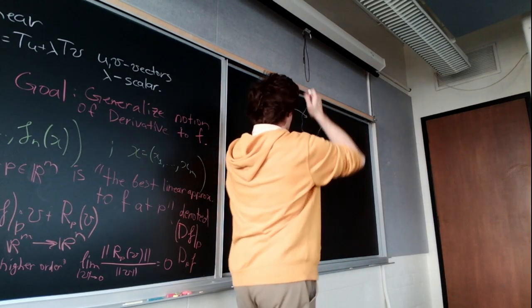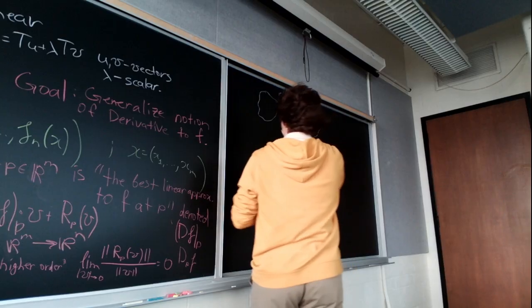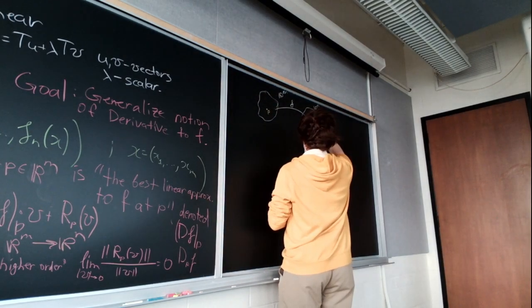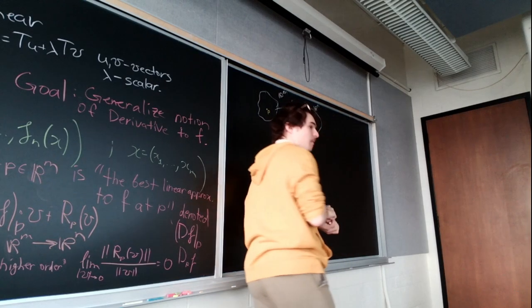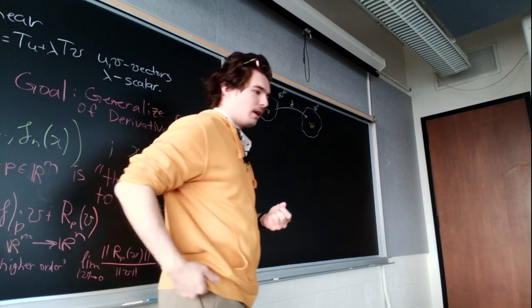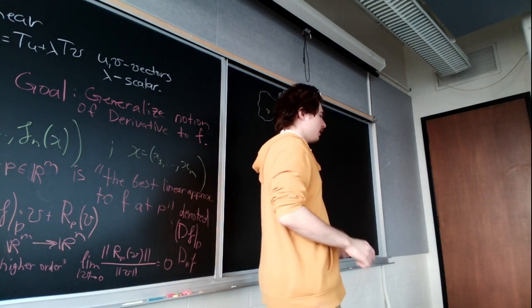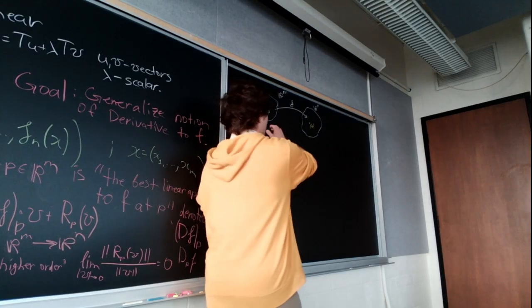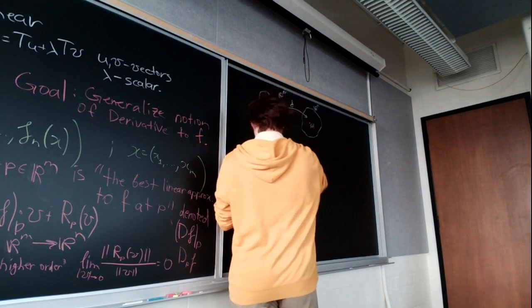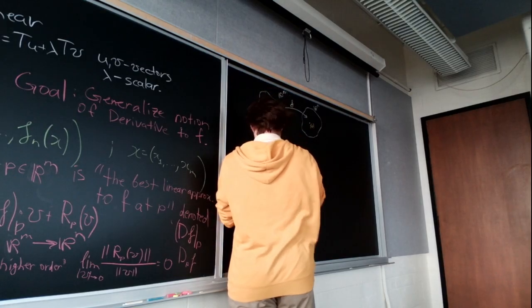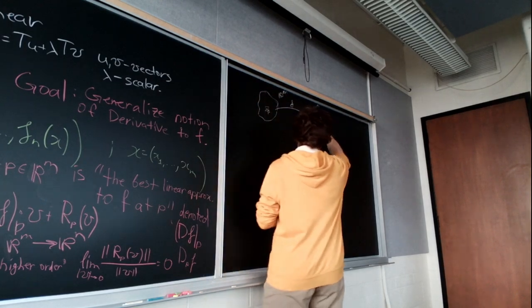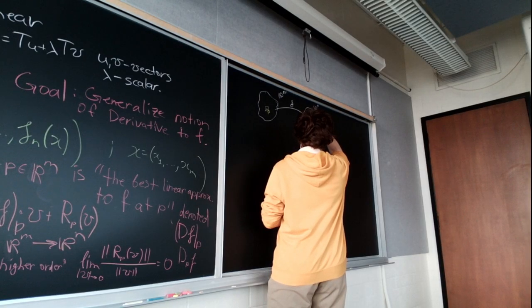Okay. So suppose I have some point p that gets mapped by f to f of p. What I want to do is try to find a best linear approximation to how this map takes a little region here and maps it to a region here.